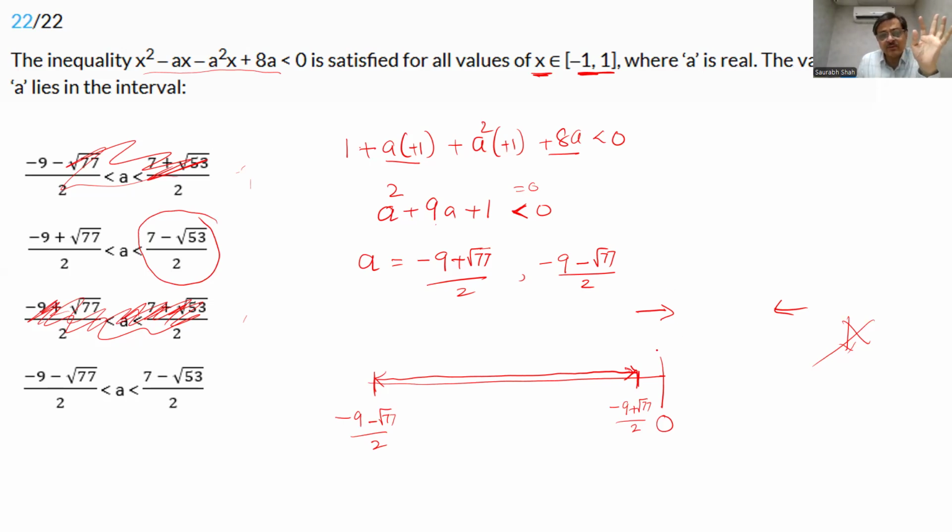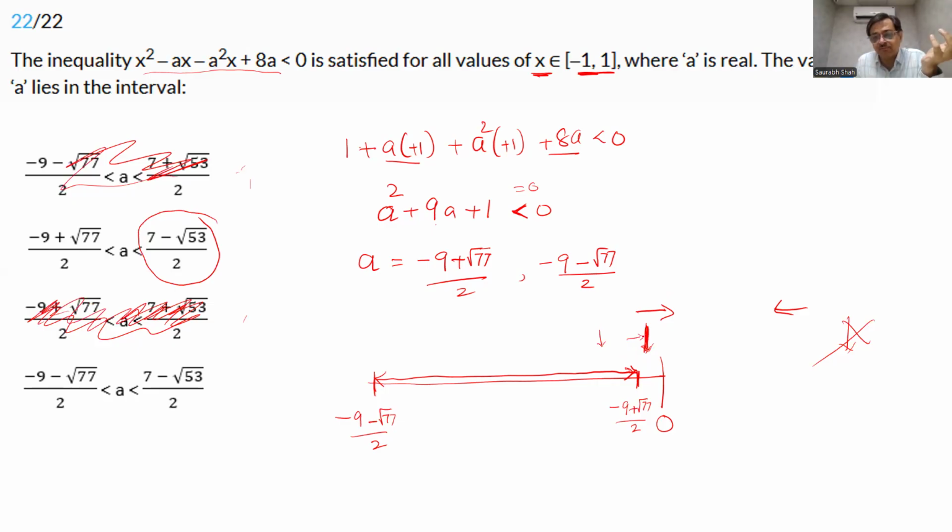We don't know the exact value right now. Of course, it's a negative value, that is for sure. Now, that negative value could have been either here or here. If the negative value were here, you can't go to that negative value. It is beyond this range.